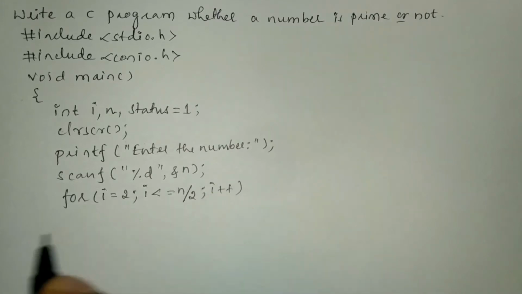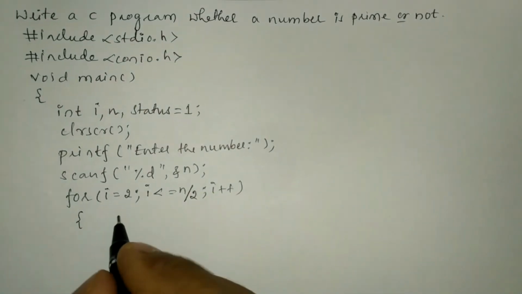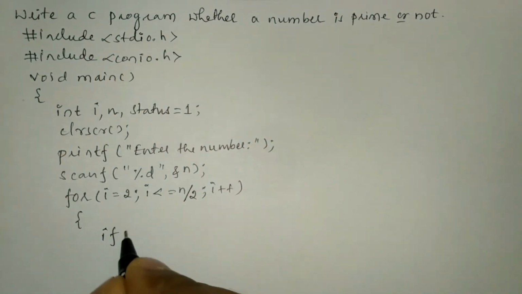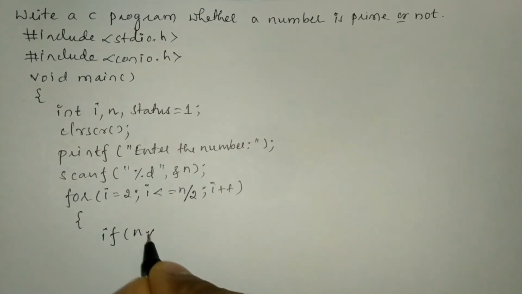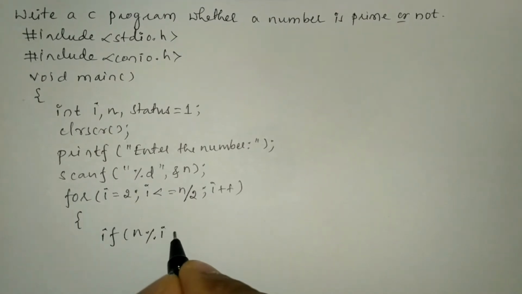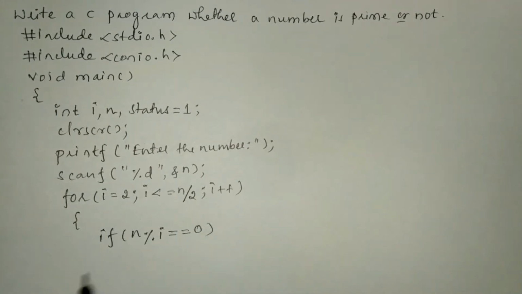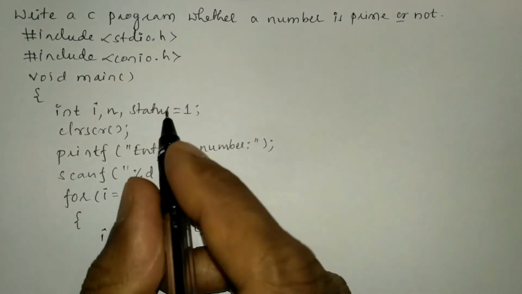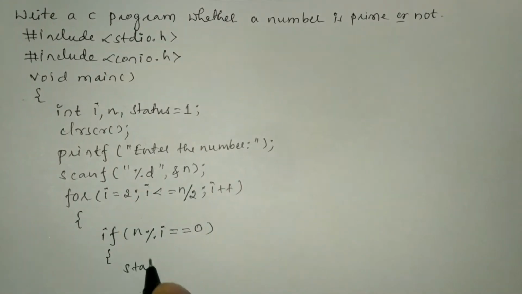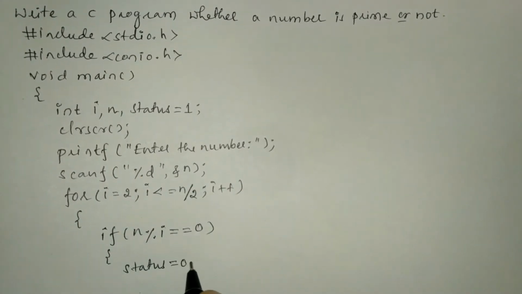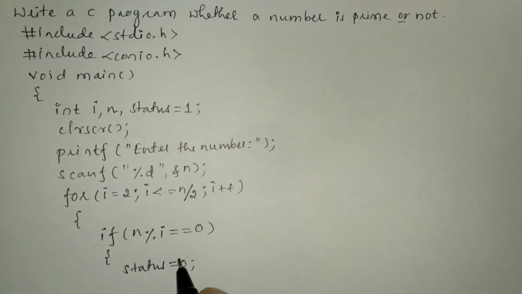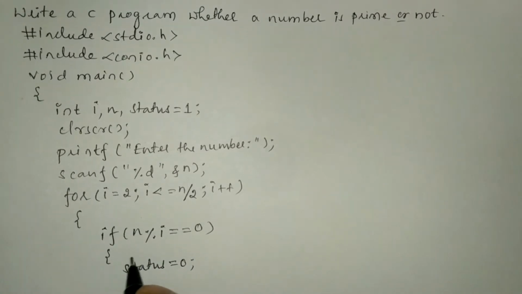i++. Next curly open brace, and here we are going to check the condition: if the entered number n modulo i is exactly divisible and giving the remainder 0, then the status value has to be changed. So here the status will be equated with value 0, and then it has to print that it is not a prime number.